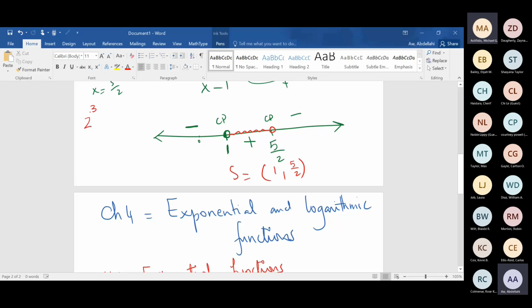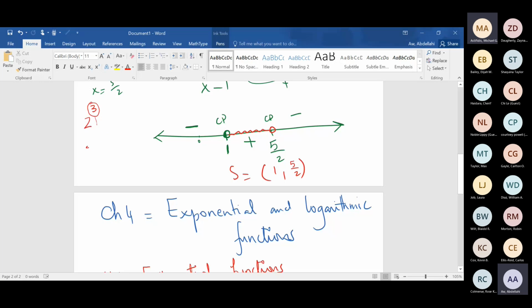We know 2 cubed is 2 times 2 times 2, 3 times. When the exponent is a very nice whole positive number, then the definition becomes very, very simple. It's 2 times 2 times 2. That's it. Now, let's make it a little bit more complicated.